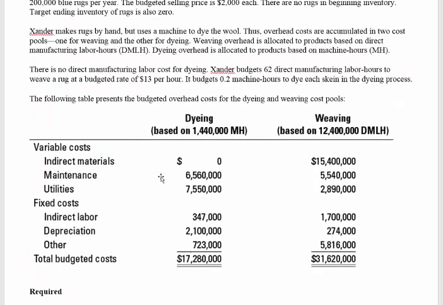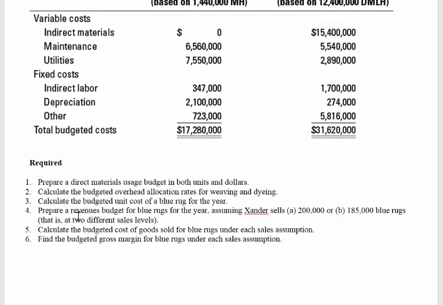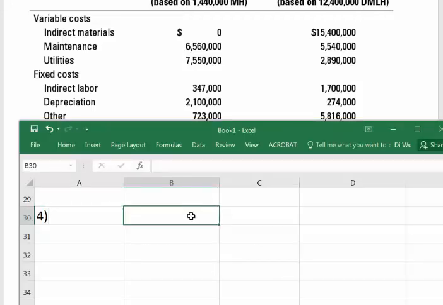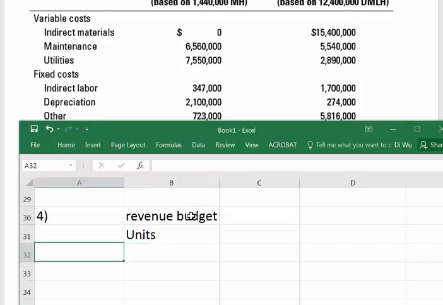Question 4 asks, prepare a revenues budget for blue racks for the year, assuming the company sells 200,000 or 185,000 blue racks. Let's take a look at this so-called revenue budget. We have units, blue racks.